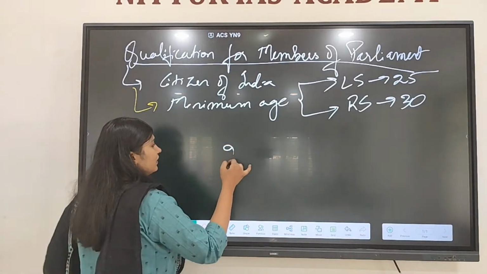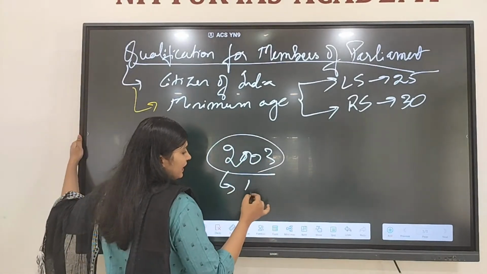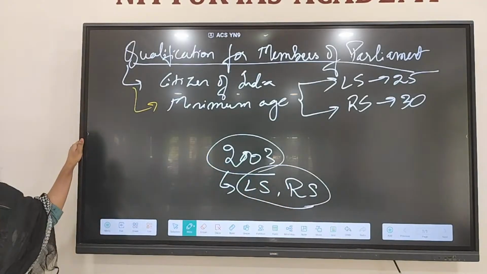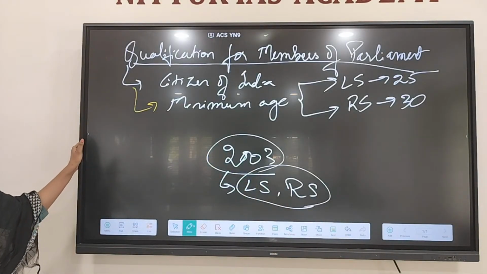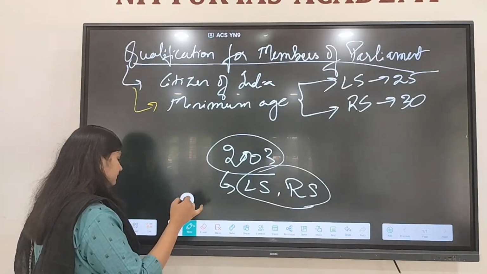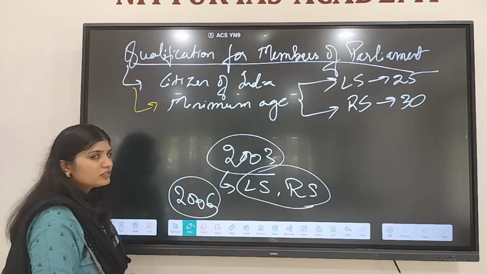Concentrate here. Till 2003, in order to become an MP of Lok Sabha and Rajya Sabha, one should belong to that particular state. One could contest only in one's own state, but this was changed in 2006. In 2006 they changed the rules.